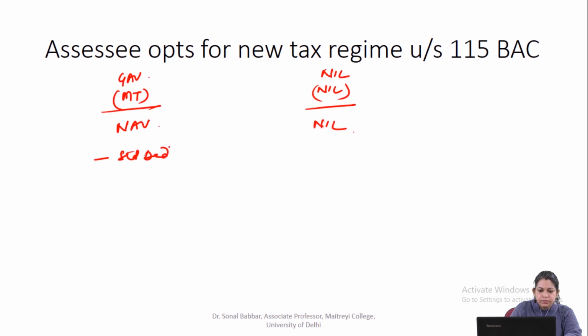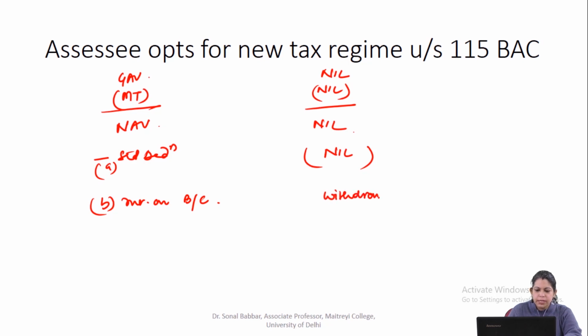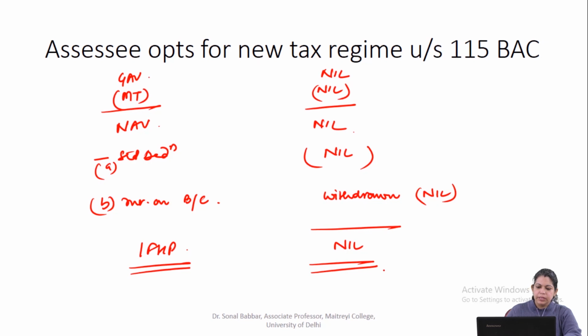Standard deduction, which is deduction under section 24, subsection A, which is 30%, it's nil. And B, interest on borrowed capital. This has been withdrawn under new tax regime, therefore nil. And as a result, answer is nil. So IFHP under new tax regime will be nil.